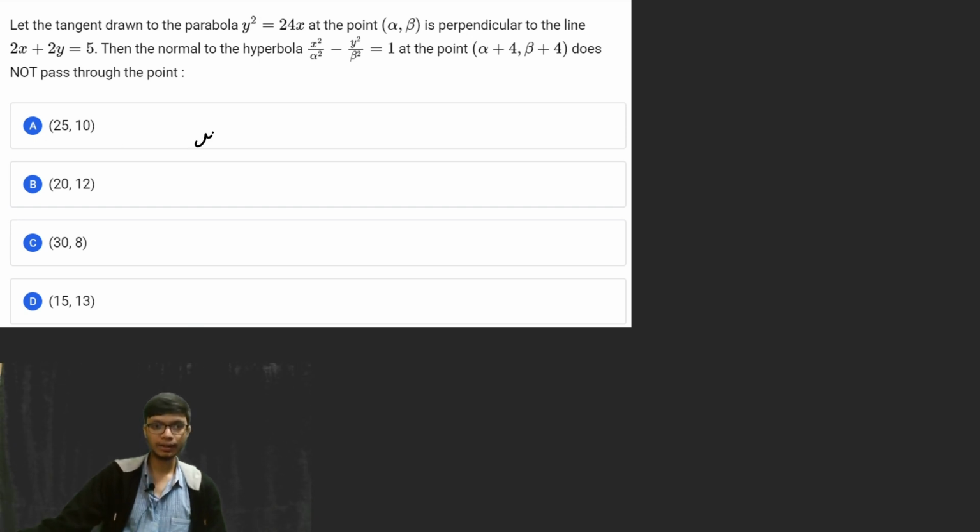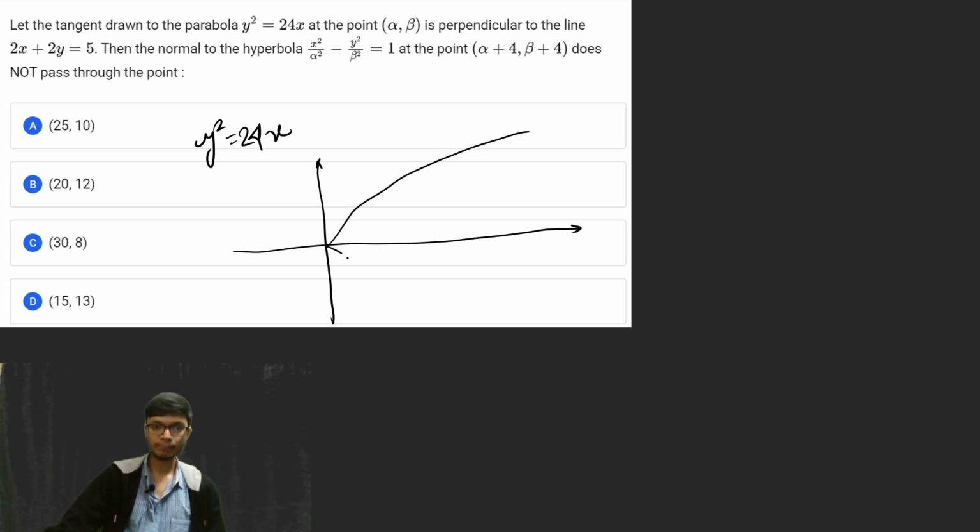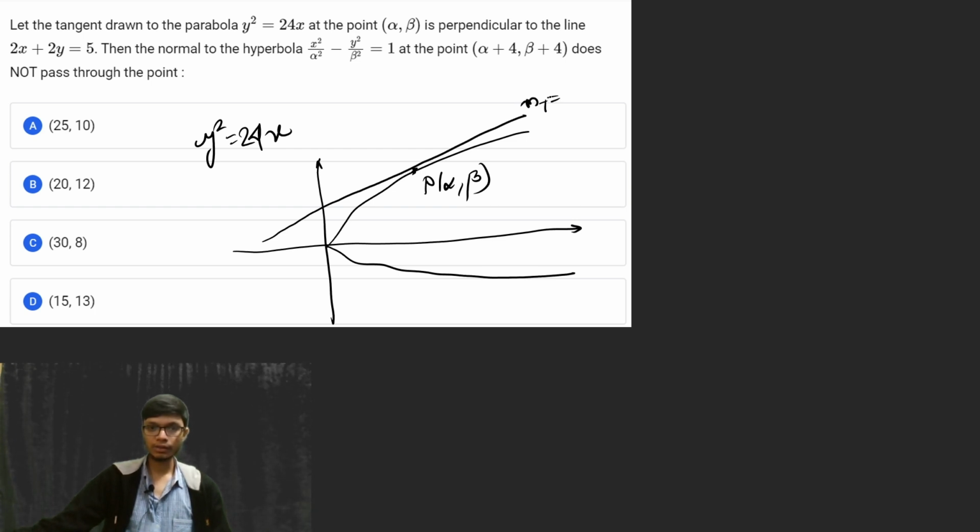So it is saying, let a tangent to the parabola, we have the parabola equation as y square equals 24x. The tangents are drawn to the parabola at the point alpha comma beta, that is point P, such that the tangent is perpendicular to the line 2x plus 2y equals 5.